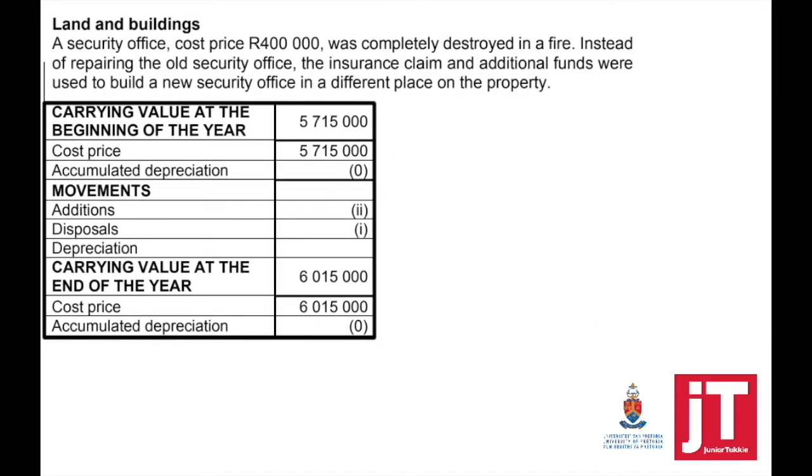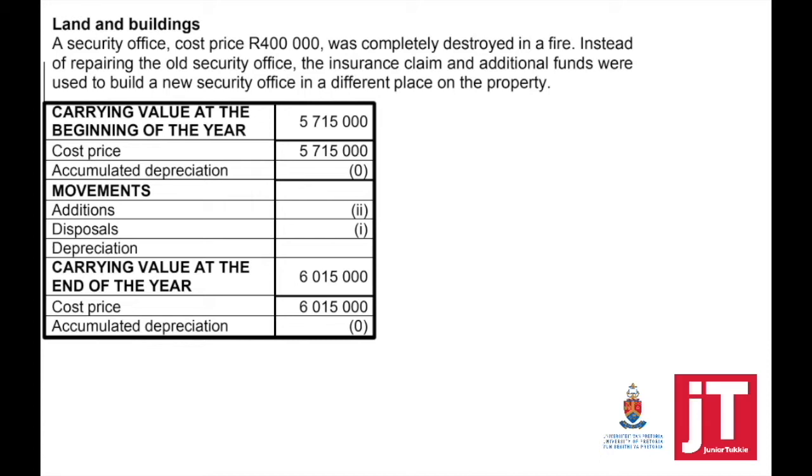Looking at land and buildings, a security office with a cost of 400,000 was completely destroyed in a fire. Instead of repairing the old security office, the insurance claim and additional funds were used to build a new security office in a different place on the property.